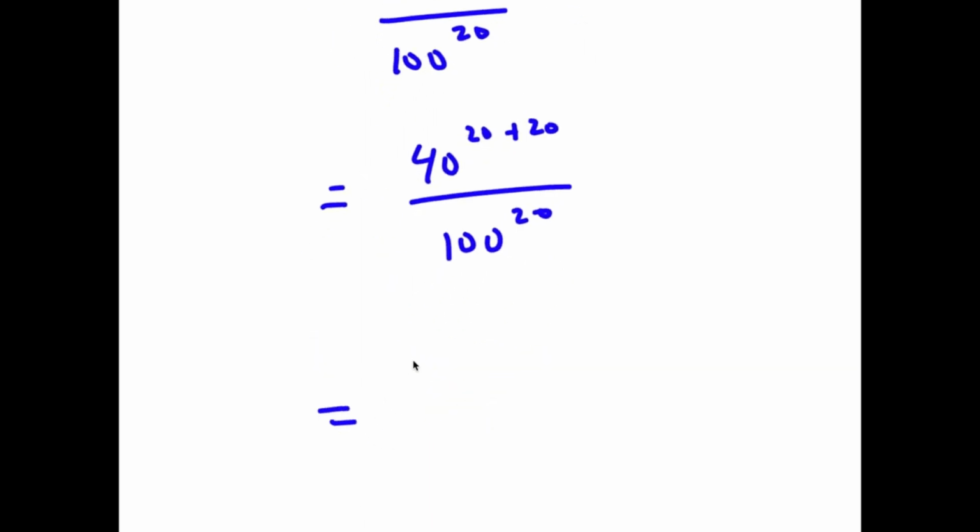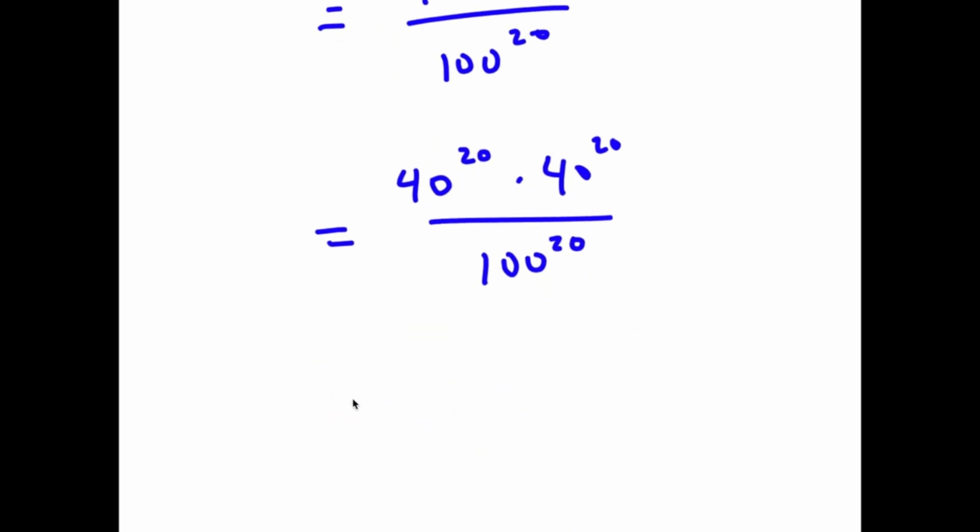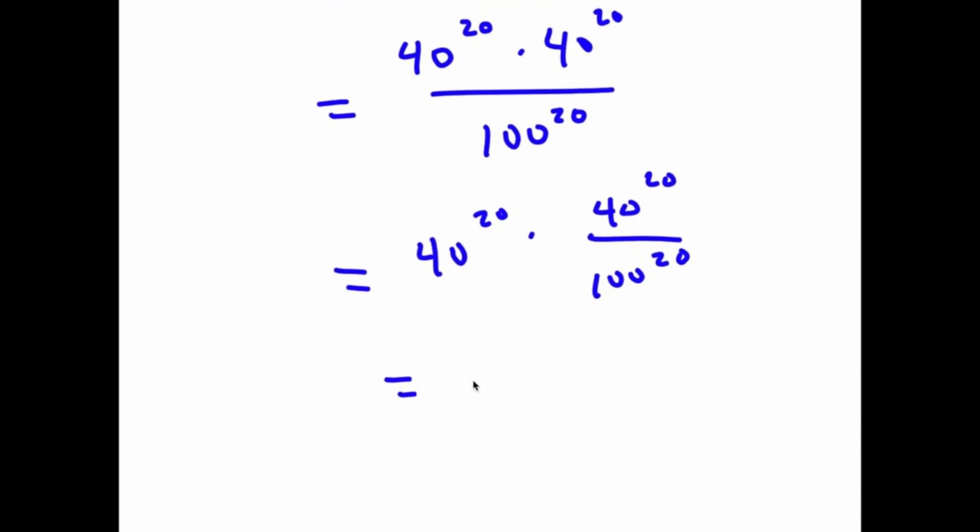And now this is the same thing as 40 to the power of 20 times 40 to the power of 20 over 100 to the power of 20, which is equal to 40 to the power of 20 times 2 over 5 to the power of 20.